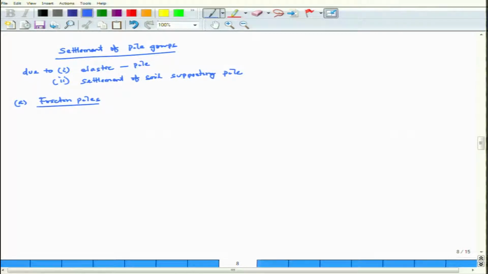Case 2 will be your end bearing. Case 3 is your combined. Combined means both end bearing as well as friction. Let us start with a friction pile.